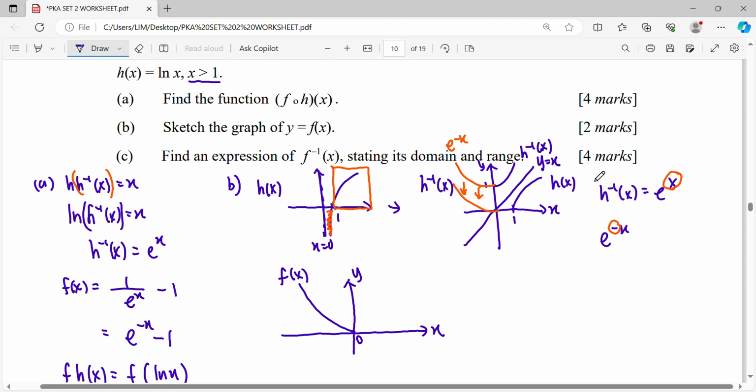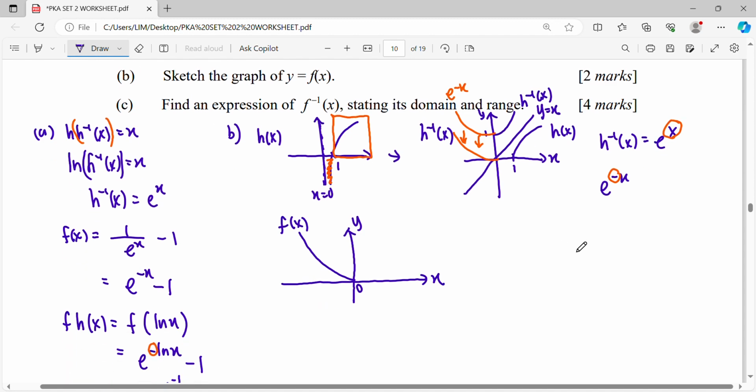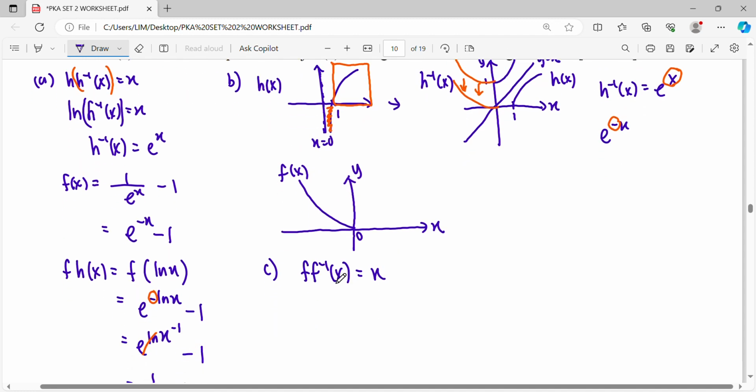Then we move to question C, finding f inverse. To find f inverse, we use the composite method, f(f inverse(x)) equals x. So we substitute f inverse into the function, so it will be e^(-f inverse(x)) minus 1 equals x. We try to simplify.